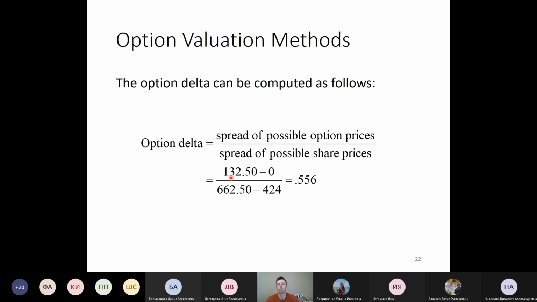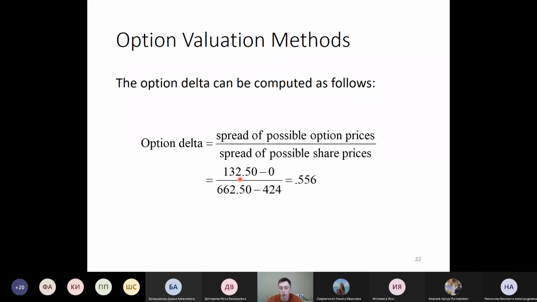Now, let's determine the spread of the possible option prices. The spread is called the option delta. This is something that we need for option valuation. It is determined as the spread of the possible option price and the spread of possible share prices. The spread of option prices.